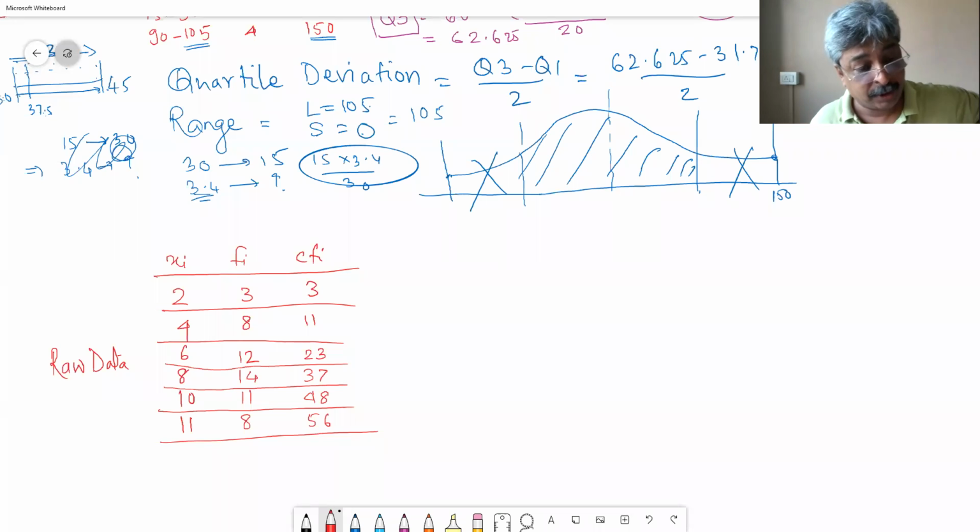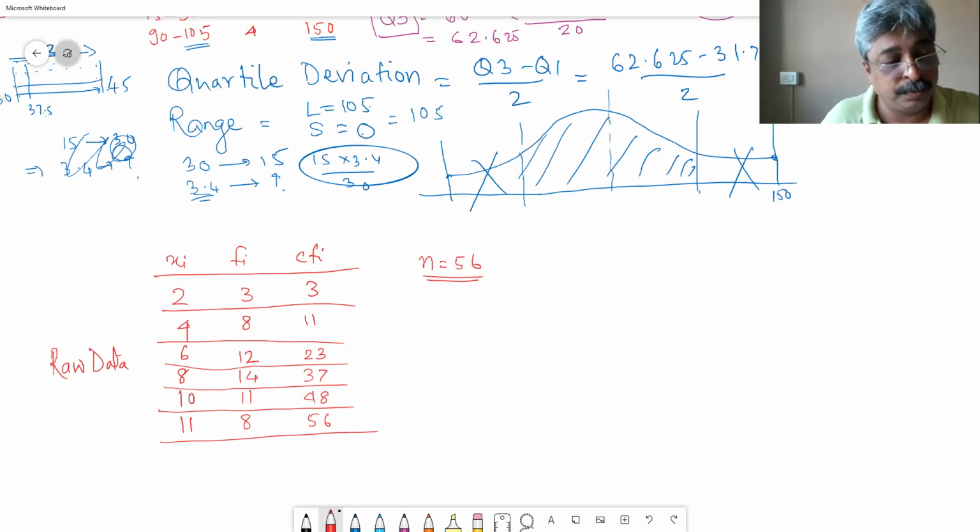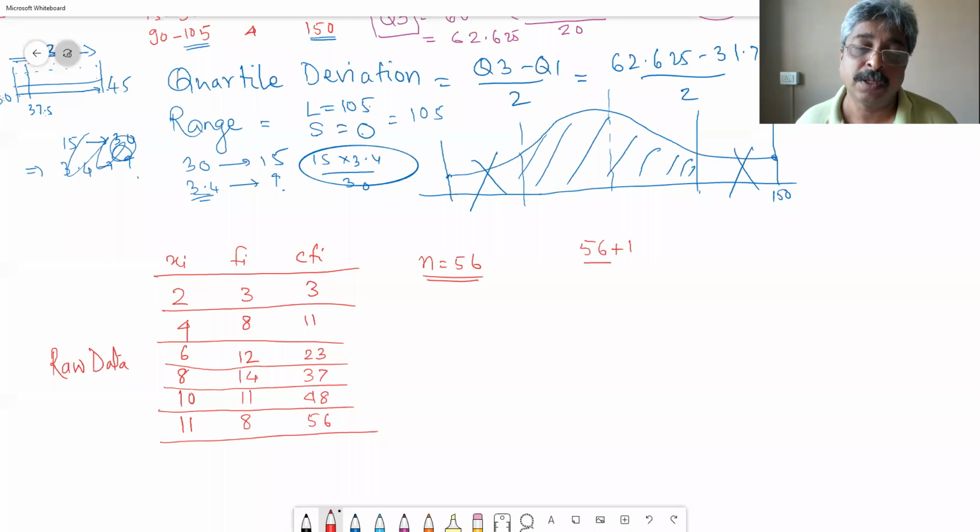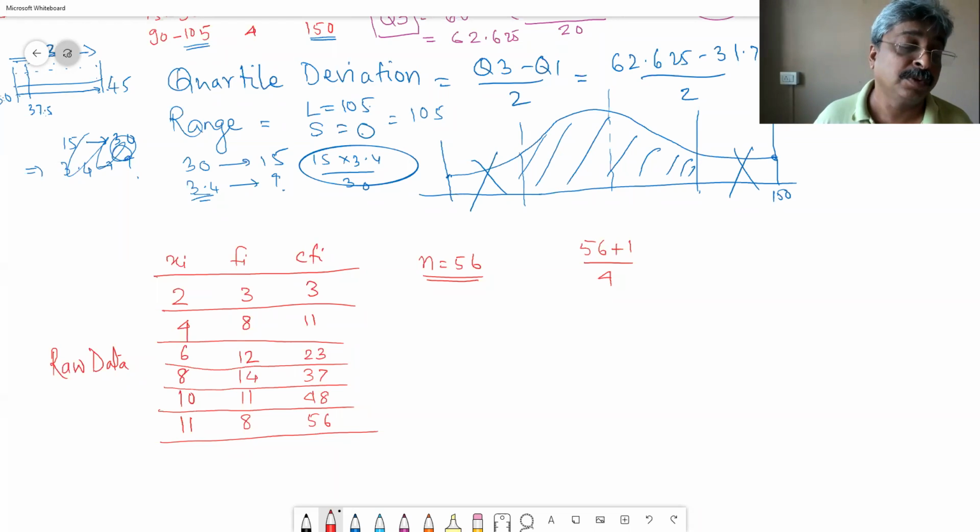So now actually here they have used n is equal to 56. 56 observations, therefore 56 plus 1 upon 4 is your partition line. That is what they are saying. So where will it go? 28, so 14.